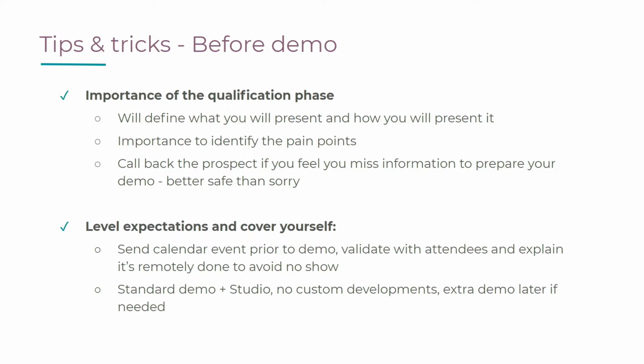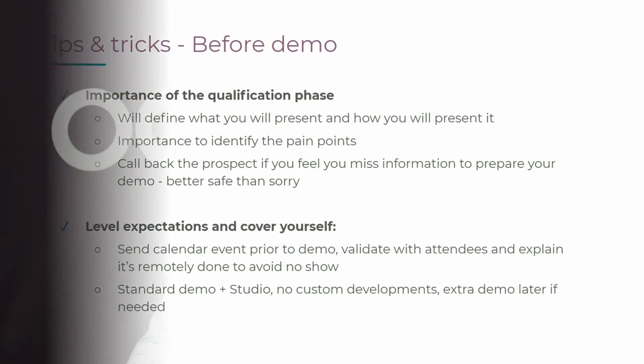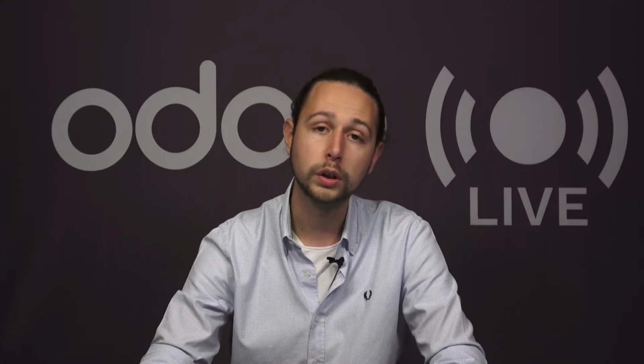We don't go into developments for any kind of demonstration. Even if your prospect or customer is asking to do so, we don't do it for a simple demonstration, okay? Of course, keep in mind that it is always possible and feasible to have an extra demo, a second meeting, even after the first one, where you can discuss a little bit more in detail, okay?